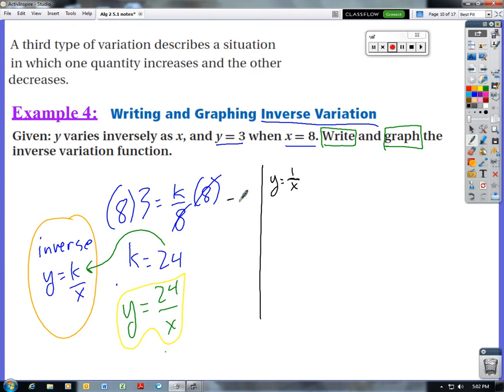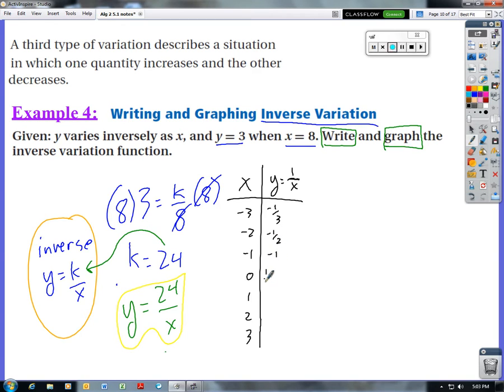So I'm going to make a table of values. We've got x over here, and we've got y equals 1 over x here. And I'll start at -3, and I'll plug in some x values. 1, 2, and 3. So for my y, we've got 1 over -3, which is -1/3. 1 over -2, which is -1/2. 1 over -1, which is -1.